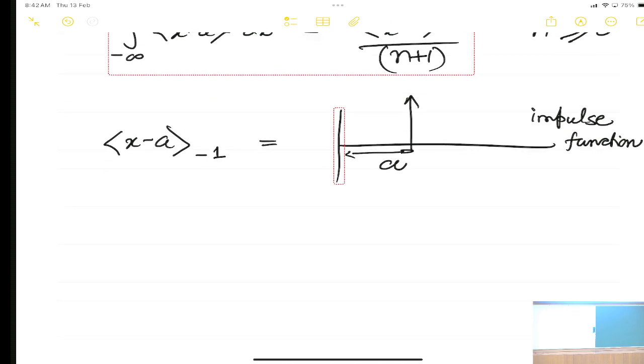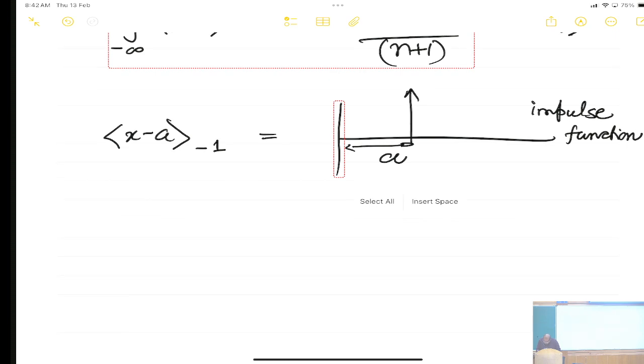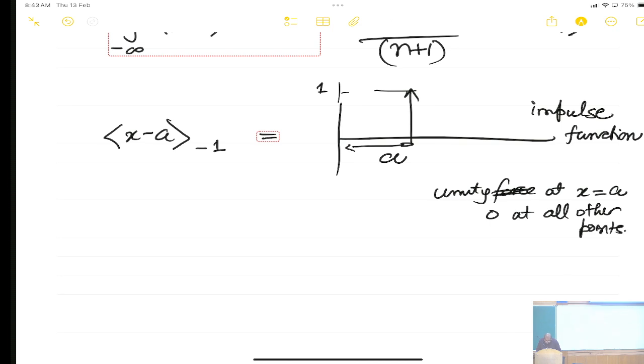So, we have, sorry, this is not infinity, this is unit force or unity at x is equal to a, 0 at all other points.